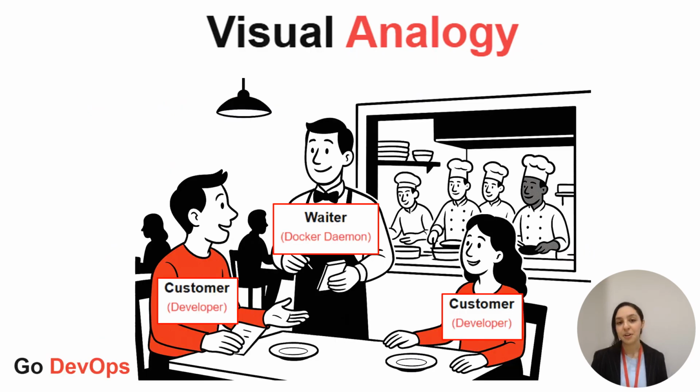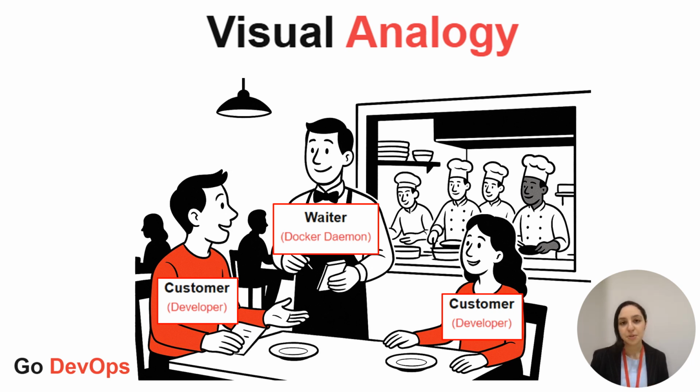So imagine Docker as a restaurant and you, the developer, are the customer at the table. Now think about the waiter as the Docker daemon. The waiter doesn't cook the food, but they take your order, check if the ingredients are available, and make sure that your meal is prepared and served properly.